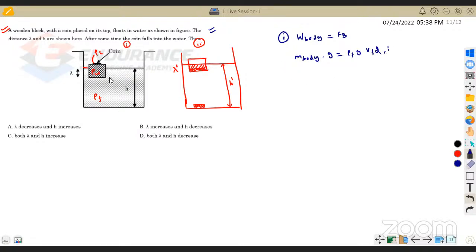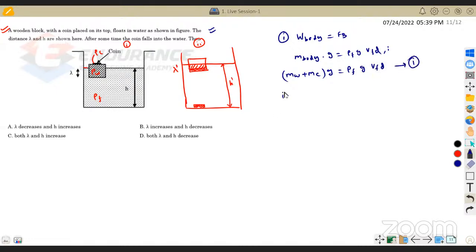In the first condition, both coin and wooden block were floating, so instead of writing in terms of density, I will write mass of the body as mass of the wooden block plus mass of the coin. So (mass of the wooden block plus mass of the coin) into g equals density of fluid into g into Vfd. Let me keep this as my first equation.